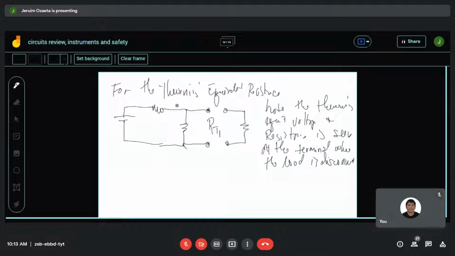Now, this is the resistance of the equivalent. To find the resistance of equivalent, we short circuit the source. So in this case, this will be like this. The load here is short circuited. So here, the source is short circuited.